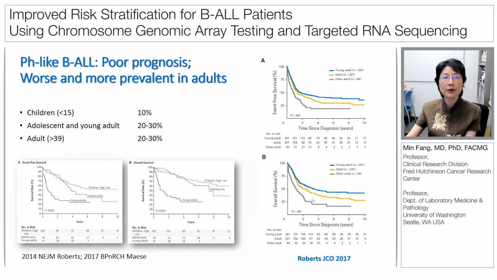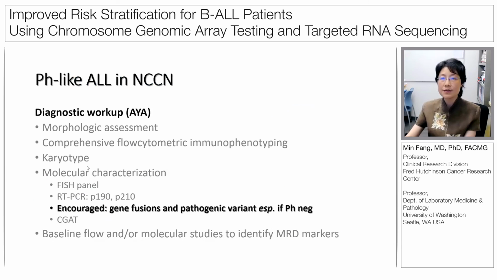It is both more prevalent among adults and older adults for pH-like BLL, and the prognosis is also worse in those patients. The older you are, the worse the prognosis. So it is encouraged by the recent version of the NCCN guideline that gene fusions and pathogenic variants, especially in pH-negative patients, be worked up.